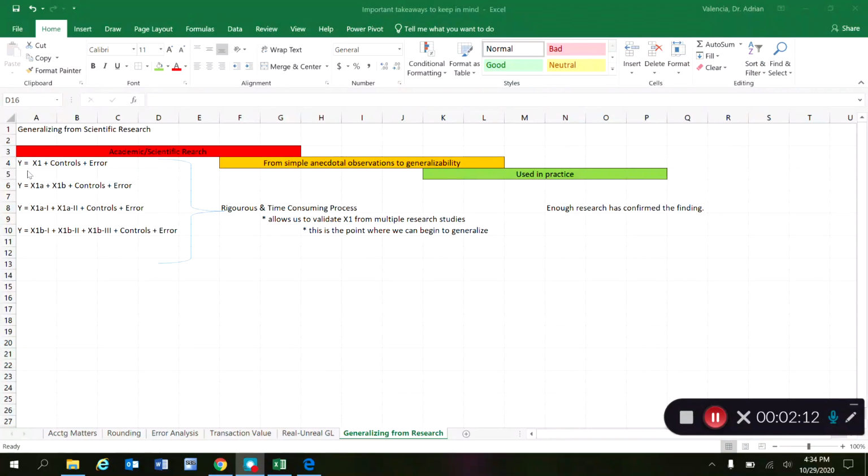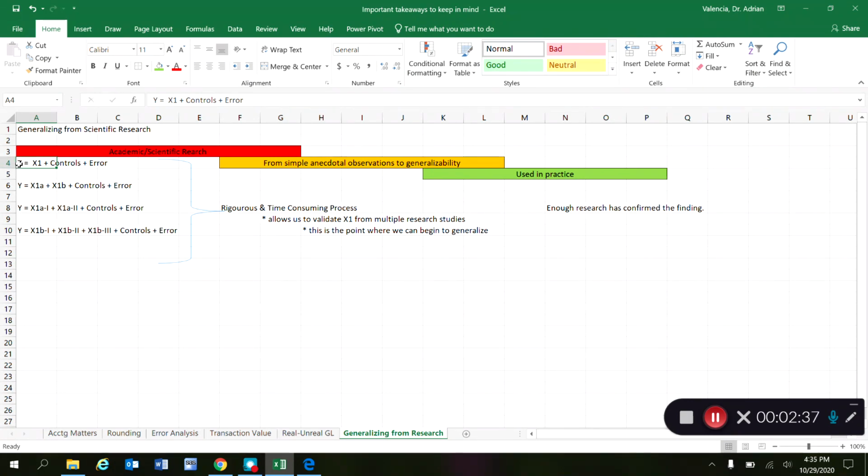The illustration I'm going to do is based on a basic algebraic equation that you learned many years ago, where y equals a whole bunch of x variables. In our world, y could be audit quality. What things affect audit quality?